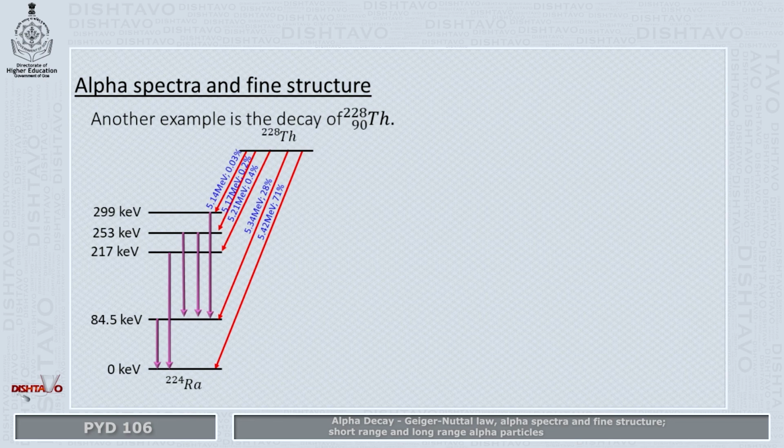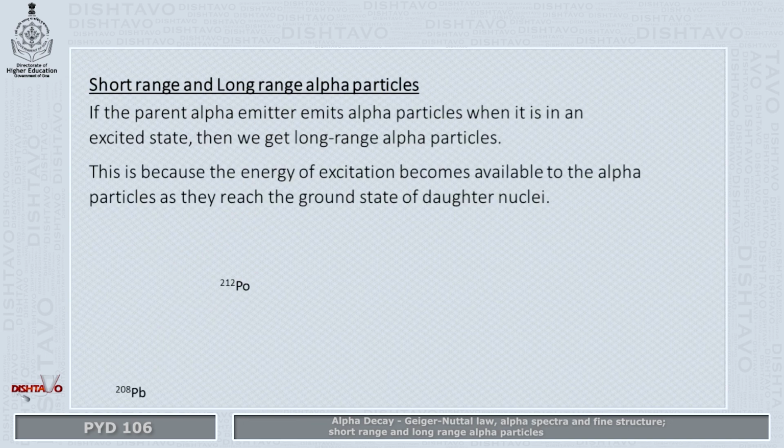Now what you are seeing is the short range alpha particles. In case these ones which are still in the excited state give out more alpha particles to come down to the ground state, then they are called long range alpha particles. That's the difference between short range and long range alpha particles. If the parent alpha emitter emits the alpha particle when it is in an excited state, then we get a long range alpha particle.